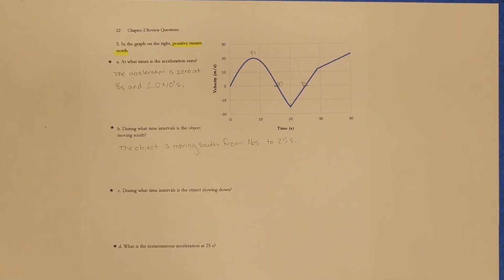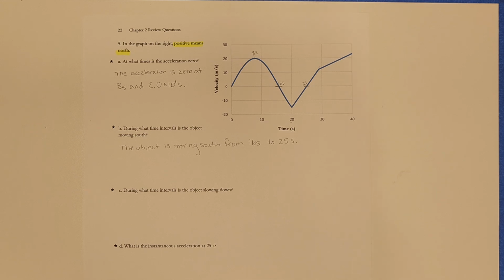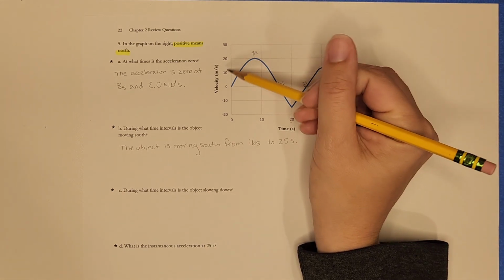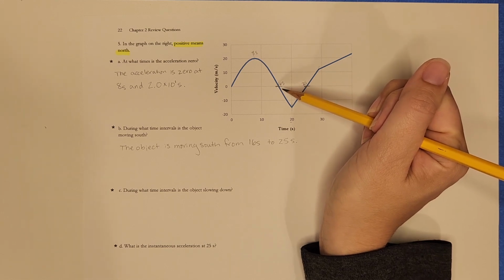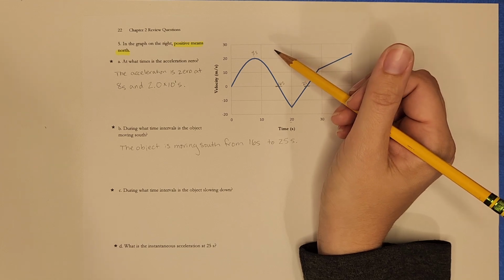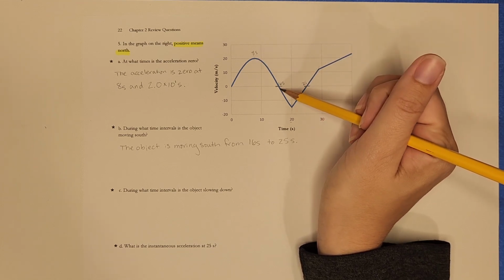Okay. During what time intervals is the object slowing down? An object is slowing down whenever the acceleration is opposite of the velocity. So if the velocity is positive, as it is from 0 to 16 seconds here, then the object is slowing down when the slope changes and becomes negative.